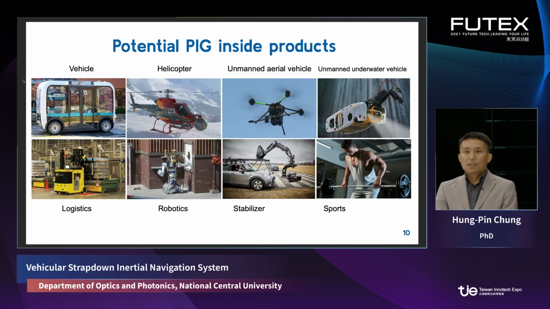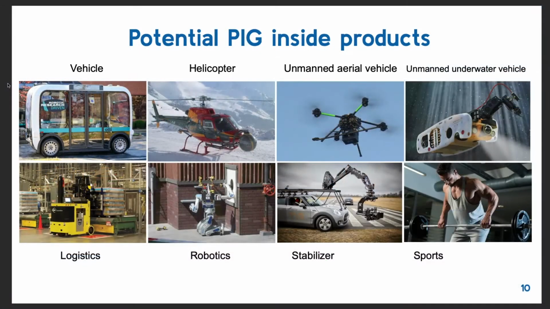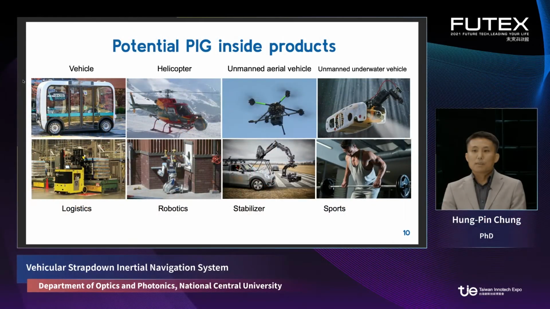Since we provide a cost-effective fiber optic gyroscope, the PIG can potentially be applied to vehicles, UAVs, or even underwater vehicles, UUVs. It can also be applied to stabilizers for cameras or even for sports, because the PIG can detect tiny rotations, so it can be applied in different areas.